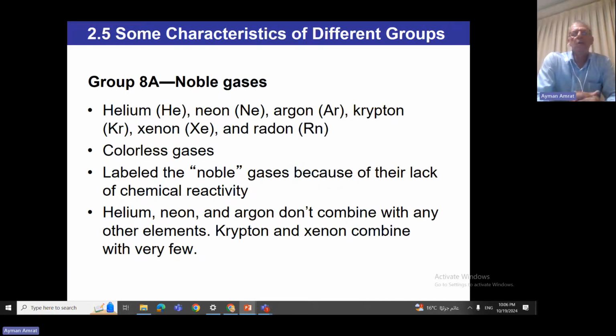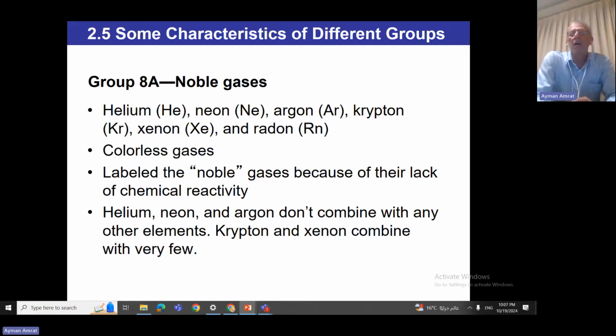Group 8A, noble gases, sometimes called the inert gases: helium, neon, argon, krypton, xenon, and radon. They are noble because their outermost shell is filled with electrons, so they are inert. Noble gases or inert gases are colorless gases, labeled noble because of their lack of chemical reactivity.